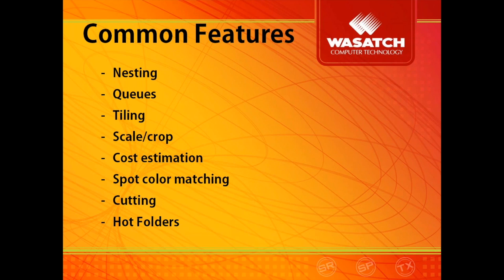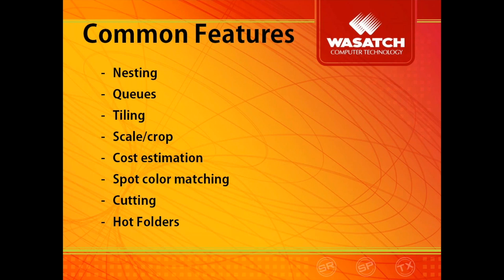So common features that you're going to find with pretty much any RIP is some simple nesting tools. You've got this wide roll and a bunch of images at different sizes. How do I get all of those to fit that roll and not waste a bunch of paper? You'll have queues to handle files coming in and going out.